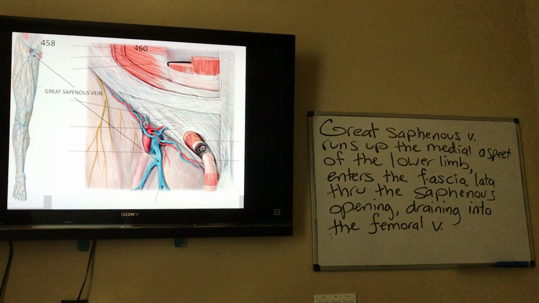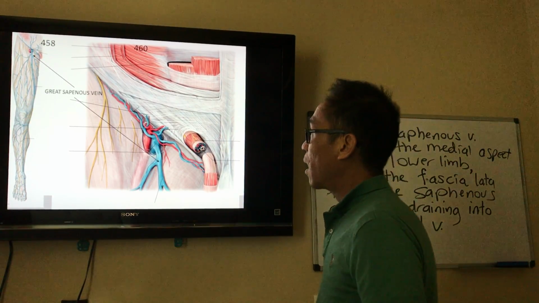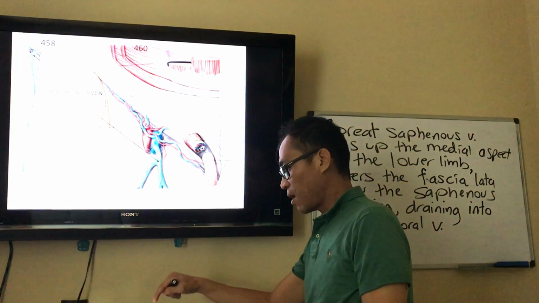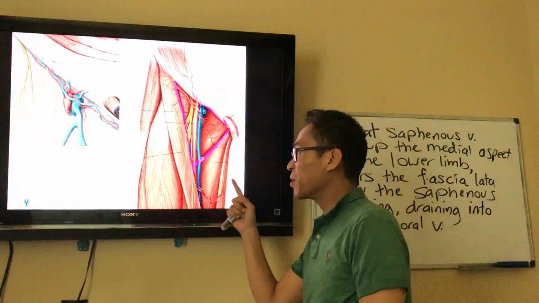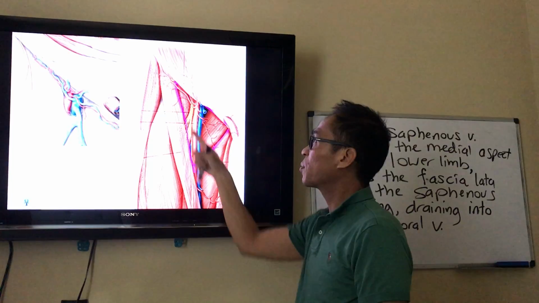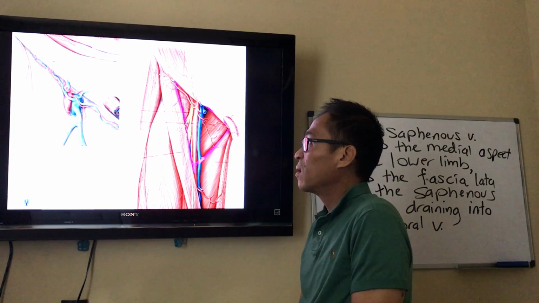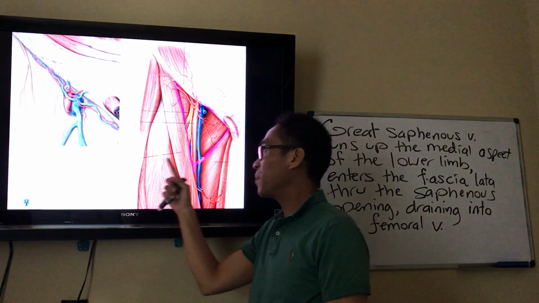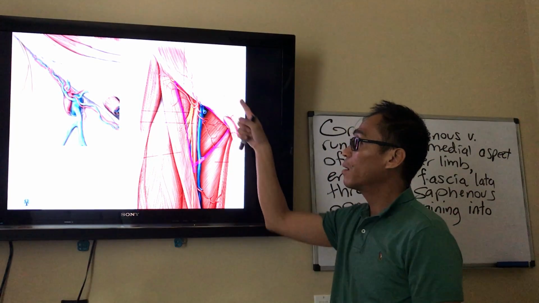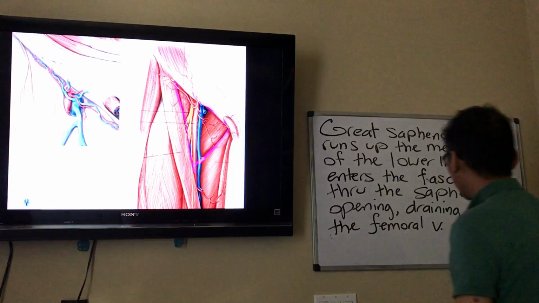Moving on, if you do a deeper dissection and remove the fascia lata, you get this picture here. Now this purple triangle drawn in, that's why it's called the femoral triangle. So remove the fascia lata, get this picture. We can see the anterior thigh with the femoral triangle.